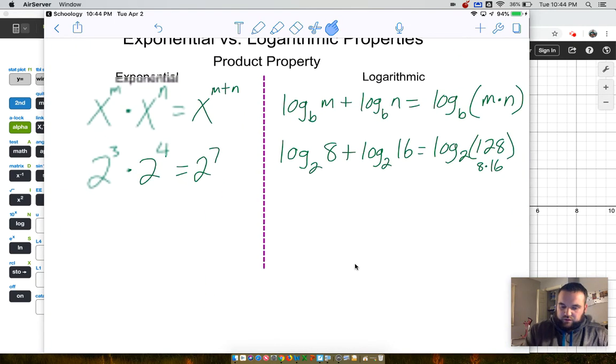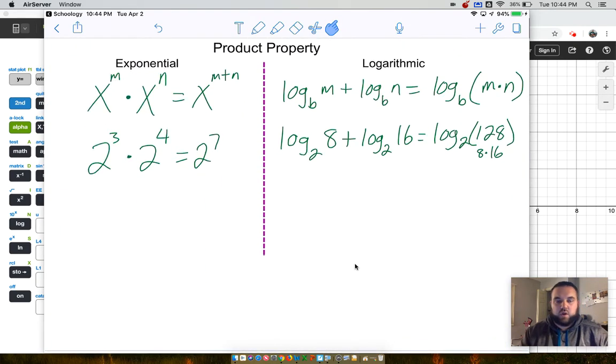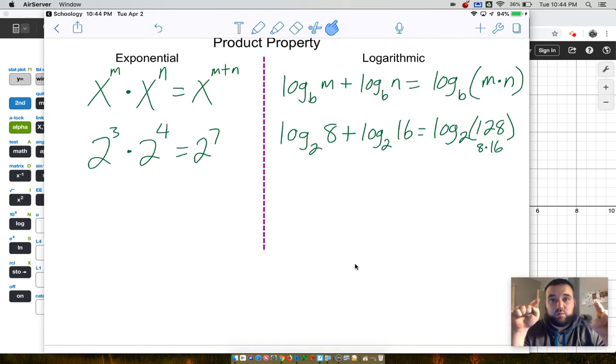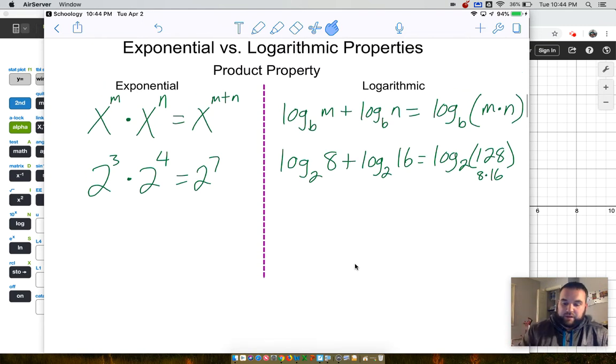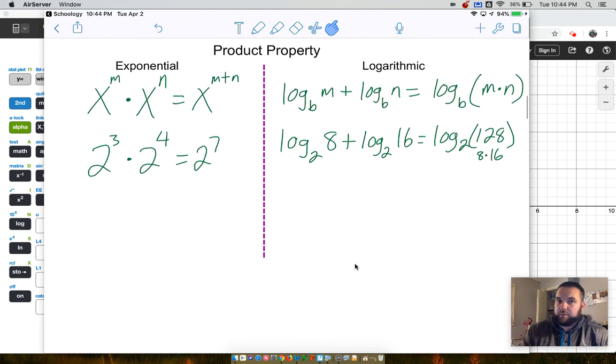Okay, so with exponentials, if we're multiplying, we can add the powers. With logarithms, if we're adding, we can multiply the arguments. So similarities there, but it is the exact opposite in how we combine. So that's what we call the product property.